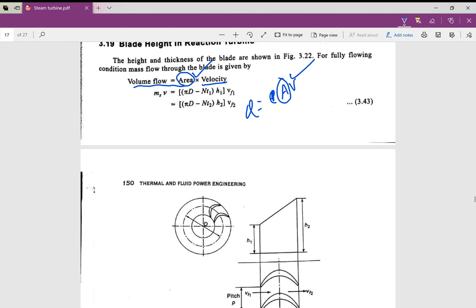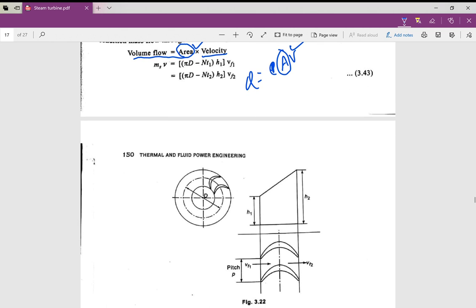This area is in between two consecutive blades. For the whole wheel, we can say the area is pi d minus n t, where d is the mean diameter, n is the number of blades, and t is the thickness at the inlet.